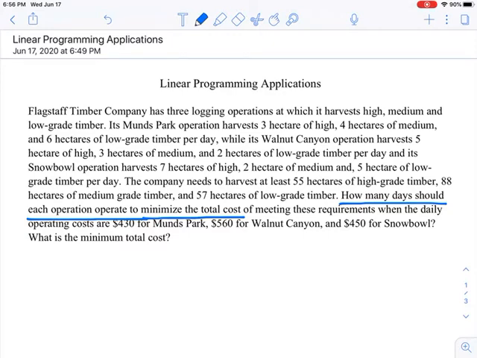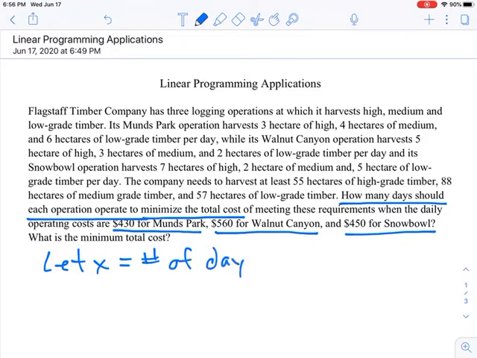And we're meeting requirements when the daily operating costs are $430 for Munds Park, $560 for Walnut Canyon, $450 for Snowbowl. So I'm going to let x equal the number of days for Munds Park. I'll just write MP.